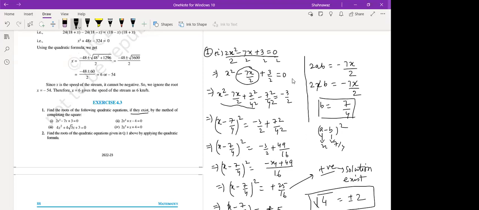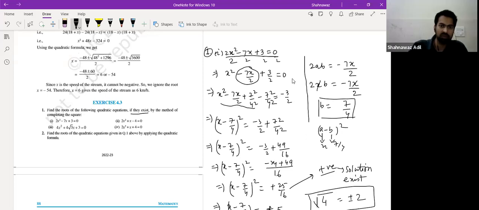In this first question, they are telling us to use the method of completing the square. In the second question, they are telling us to use the quadratic formula. I will tell you about the quadratic formula after this question one.